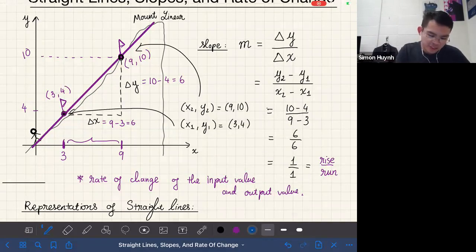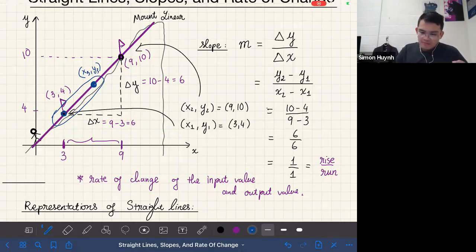Let's say I keep the point (3, 4), but pick another point over here, I'm not sure what that is, (x3, y3), and using the 2 new points to compute the slope, I will also get the same result for the slope of this linear function. It's important to realize that the slope of a linear function stays constant no matter where you are on it.